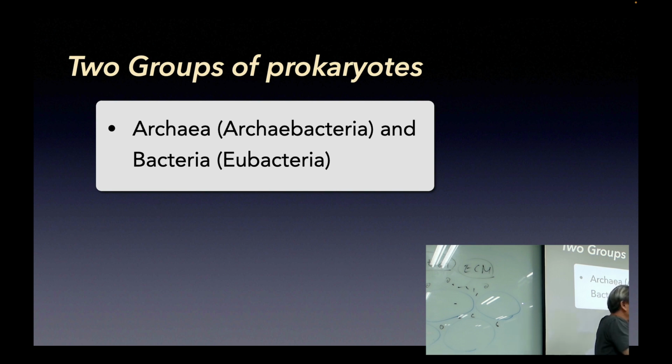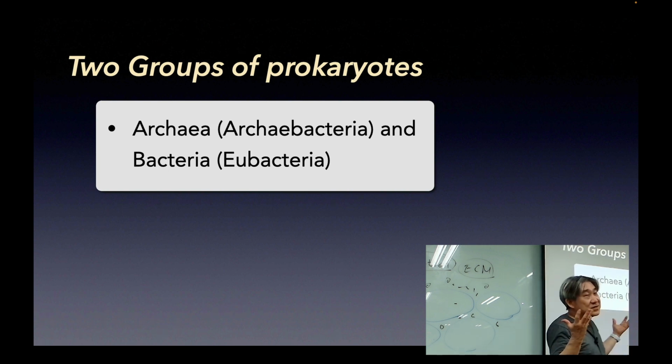It sounds like ancient, very ancient bacteria, whereas the real bacteria are maybe modern bacteria. So scientists distinguish these two by calling them differently, archaebacteria versus eubacteria. Eubacteria means true bacteria, right? That doesn't mean that archaebacteria are untrue bacteria, but anyway.